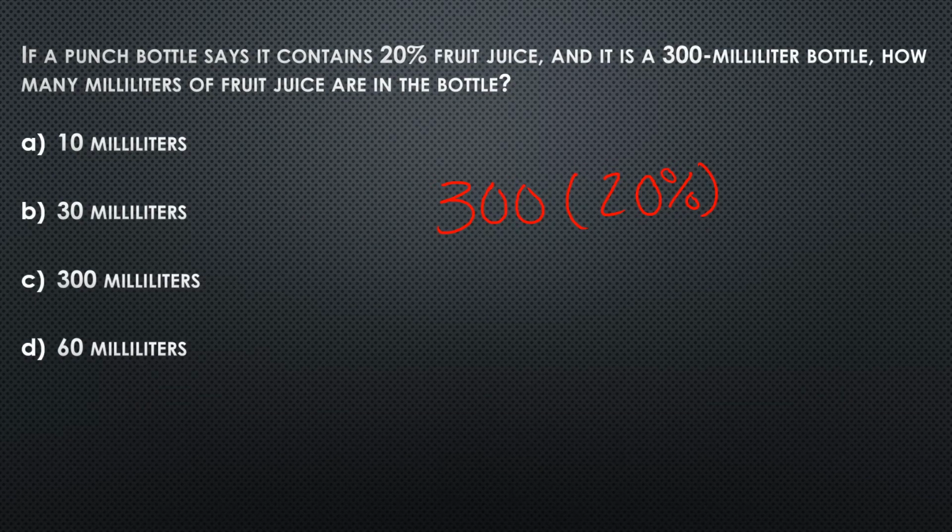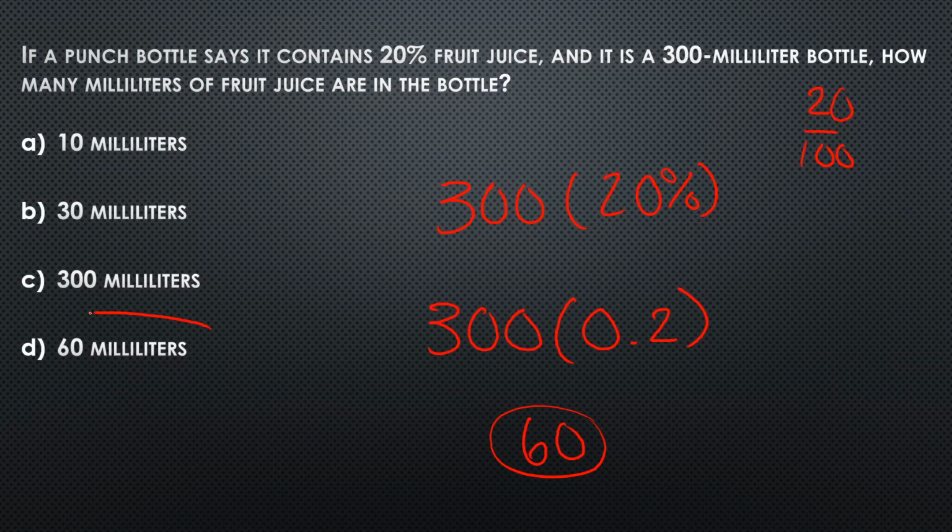To do that, I take my percent and divide it by 100. So I'll get 0.2. So 300 times 0.2, again, feel free to type this into a calculator. When I type it in, I get 60. So that means that the total milliliters of fruit juice in this bottle are 60 milliliters.